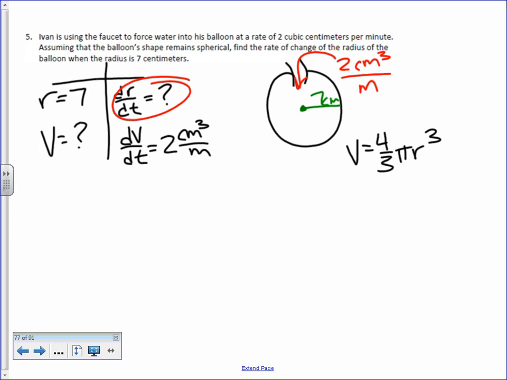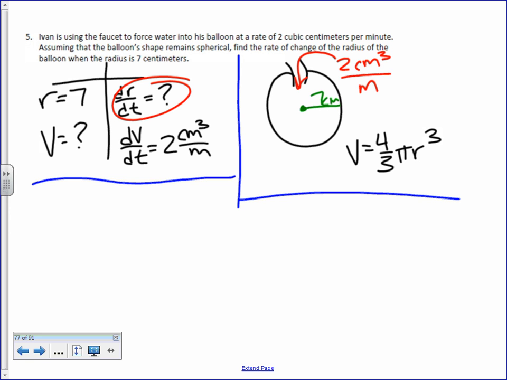All right, gonna break up my board here before I take the derivative. Okay, the derivative is dV dt equals 4 pi. Well, actually, we've already done this. It becomes 4 pi r squared dr dt.